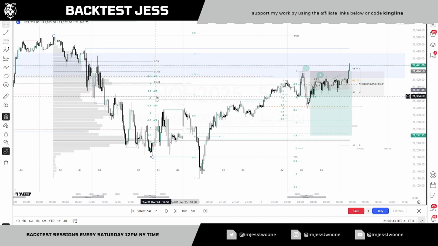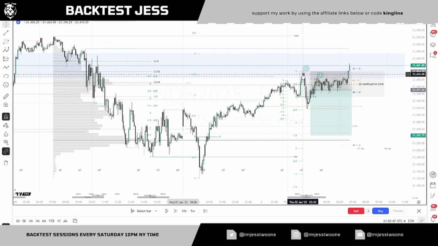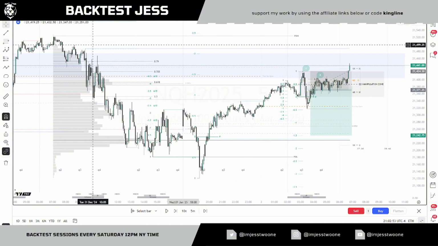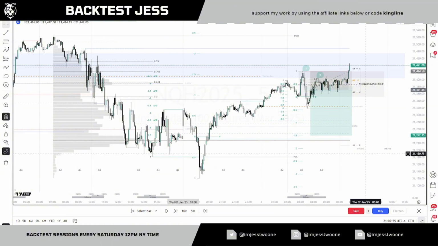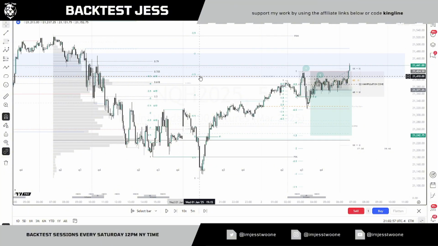So these are the retracement levels that we're looking for if we are going to continue bearish price action, right? And this is where this manipulation is occurring within that daily context, as well as 1 to 1.5 being where the manipulation can occur if we are trading counter trend.